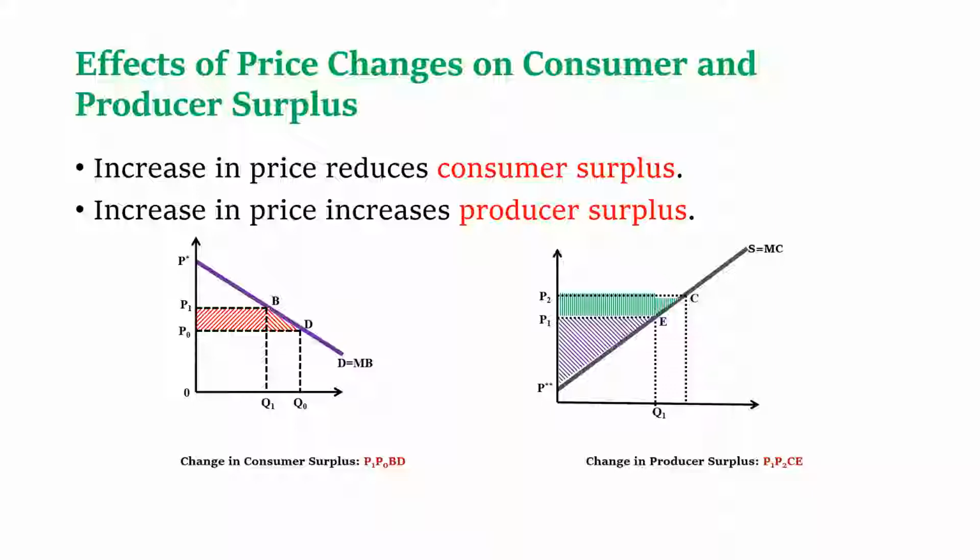Now, let's take, for example, the price falls. What is going to happen when the price falls? Let's say the original market price is P0, and the consumer buys Q0 amount.